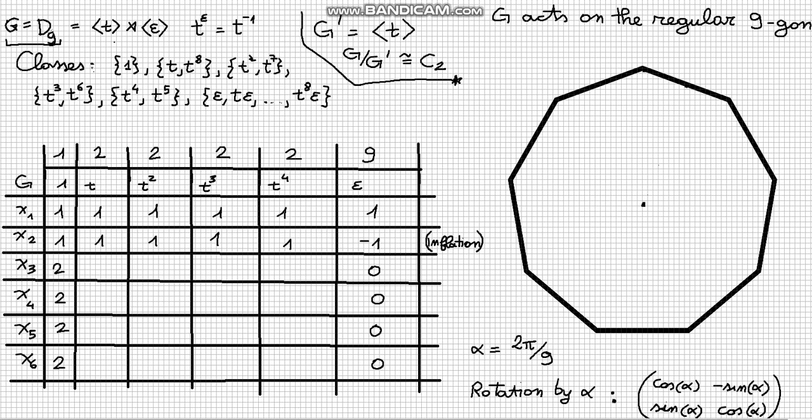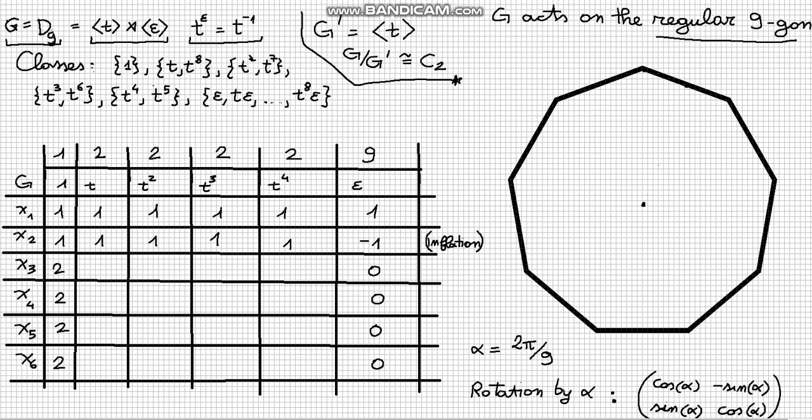It's the group of isometries of the regular 9-gon. Today I will compute the character table of this group, and this group is a semi-direct product of T with epsilon, where T has order 9, epsilon has order 2, and the action is given by inversion.